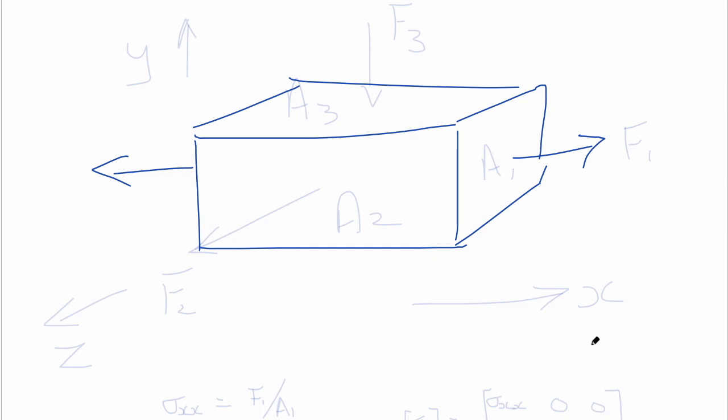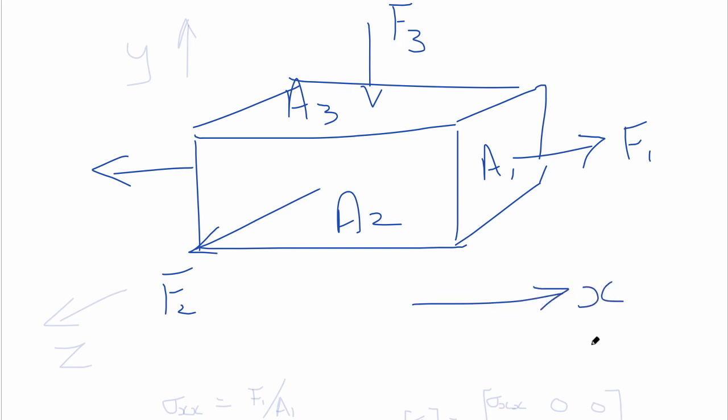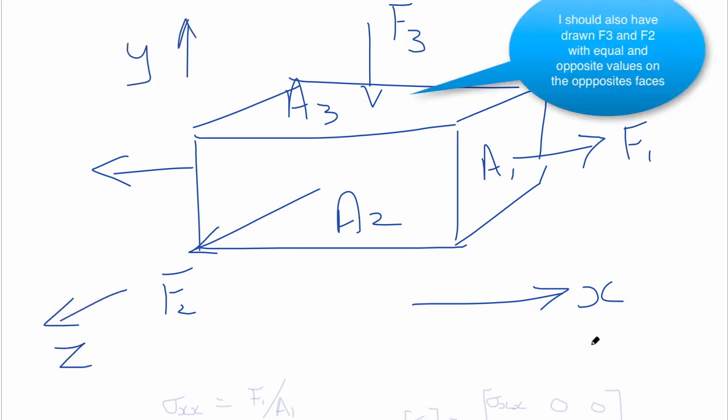So here's another example of normal tractions applied to the cube with areas A1, A2, and A3, normal to x1, x2, and x3, and forces F1, F2, and F3 acting on each face. Notice I've drawn F1 as being tensile, F2 as being tensile and somewhat larger, and F3 as being a compressive traction.